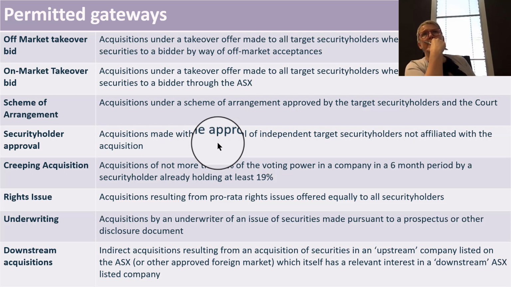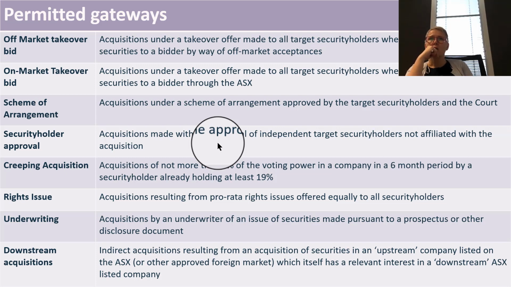The thing that's happening every day is the creeping acquisition. So once you have 20%, you can still buy in the market. You are just limited to buying no more than 3% in any 6-month rolling period.